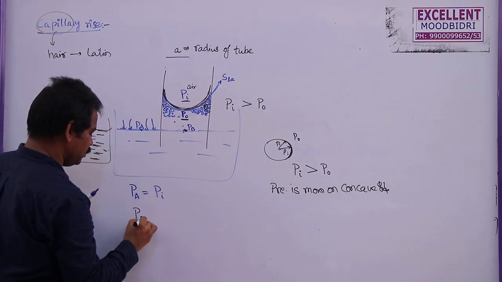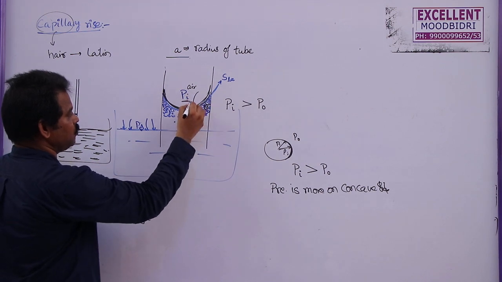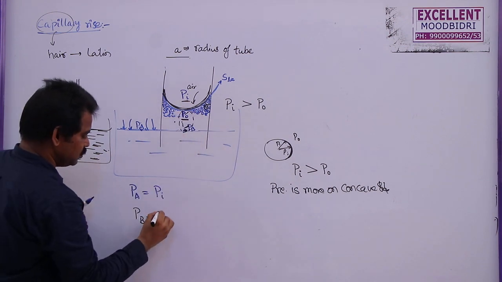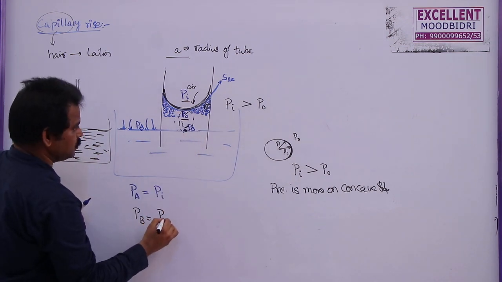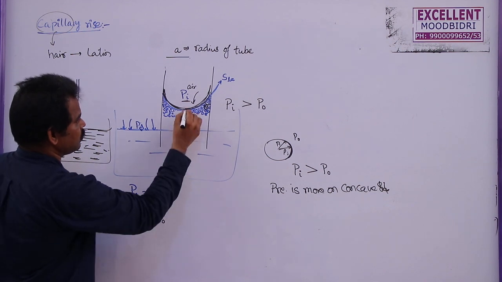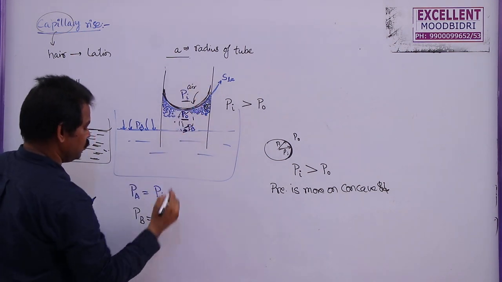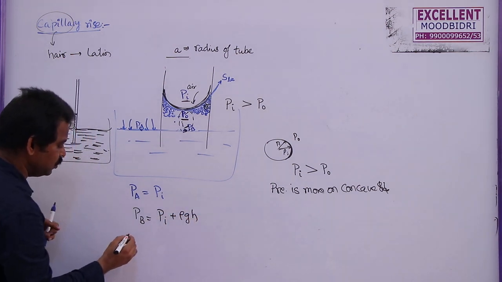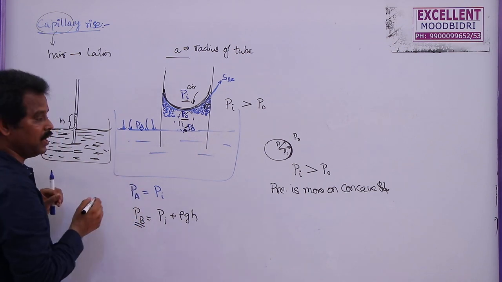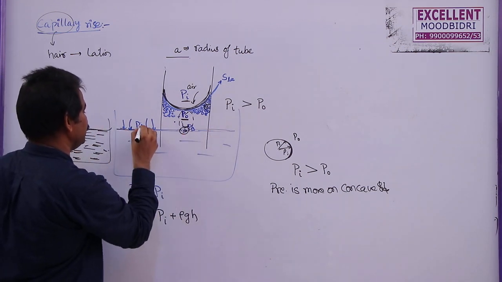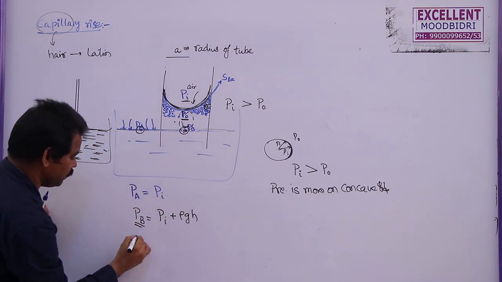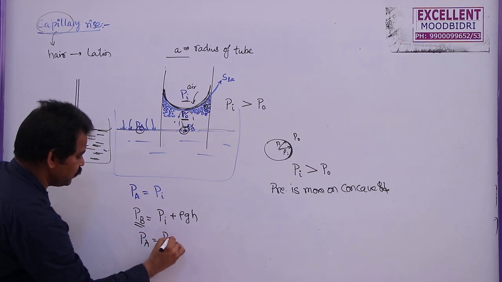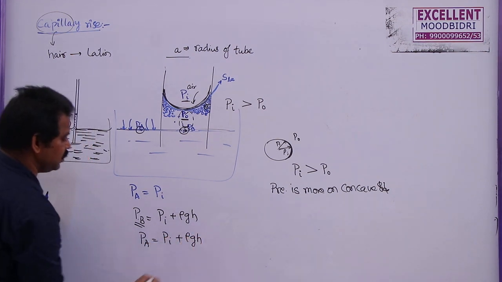PB is equal to pressure due to air plus pressure due to the liquid column which is present here. So pressure at B is equal to the pressure due to air, that is PI, plus rho g h. According to Pascal's law, at the same level, pressure must be same. So PA is equal to PB. So PA is equal to PI plus rho g h.